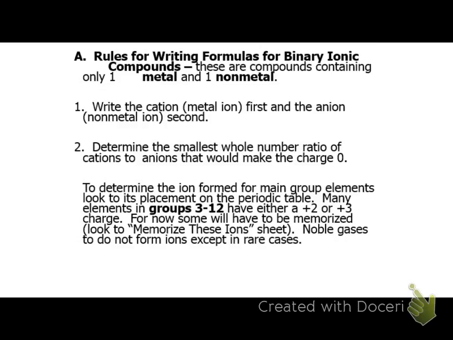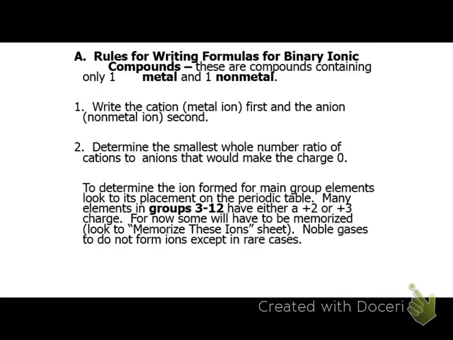There's one of two ways you can do this. Obviously, you can look at your ion list, but I want you right now to look at the periodic table on the other side of the ion list, and we're going to label each group, the periodic table, with what charges that they will always be. I say each group, actually, we're going to do the groups that you can tell based on the periodic table.